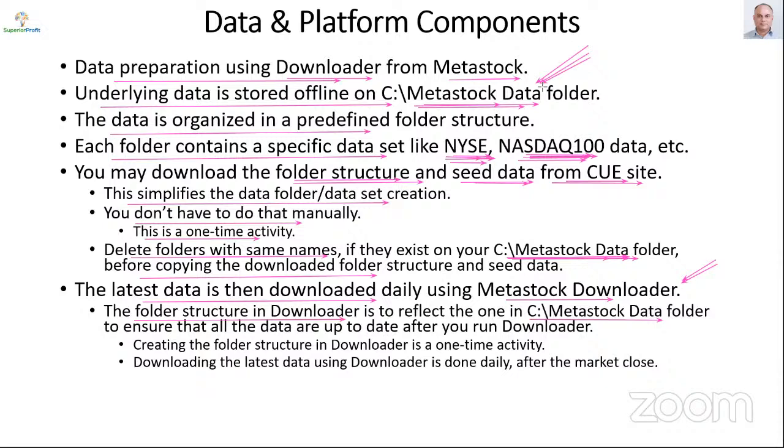So the folder structure is actually present in two locations. One is C:\Metastock data, that is where the data is stored, and it is also specified in downloader that download in this location. All the locations are to be covered in C:\Metastock data as well as in downloader.